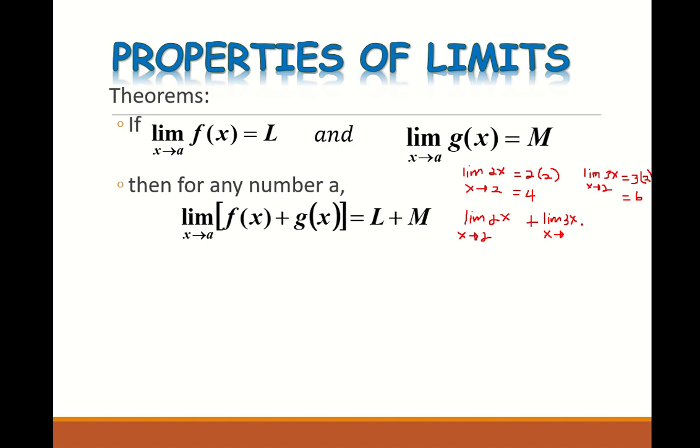So this is simply the same as the limit of 2x plus 3x as x approaches 2, which is equal to just the sum of the two limits.